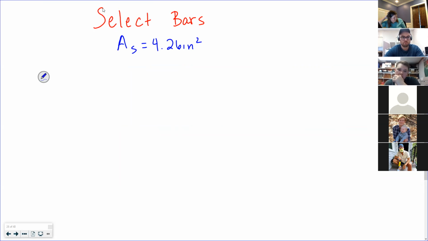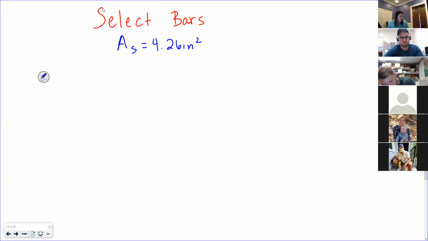So if you get 4.2, is it okay to use something like that, or you always want to be over, never under? You mean in choosing the bars? Yeah. If I choose some bars and I get 4.2 instead of 4.26, do you need to go up? Because I'm having a hard time finding a good fit. That's a good question.